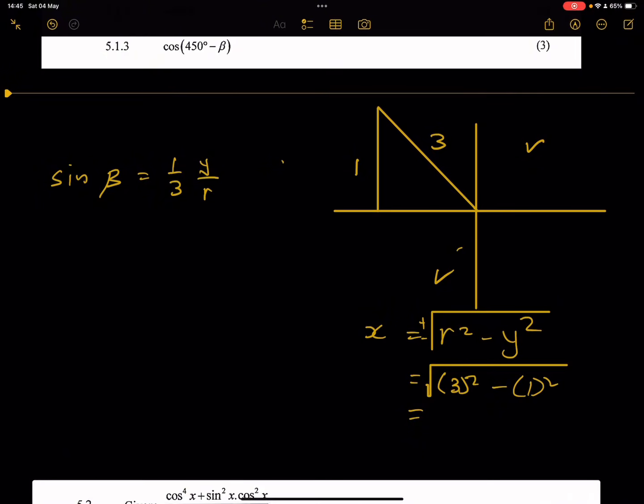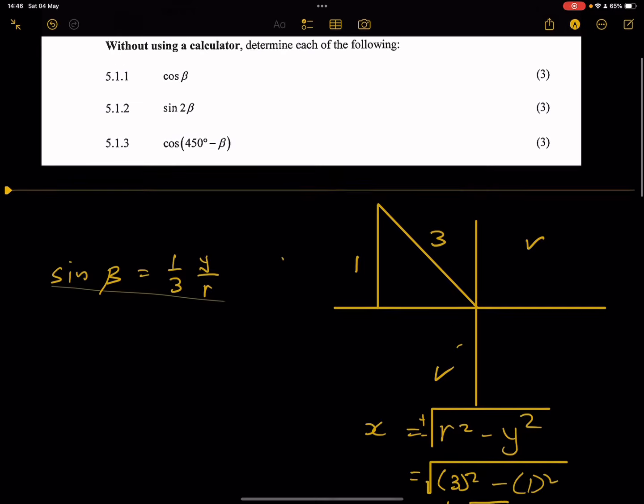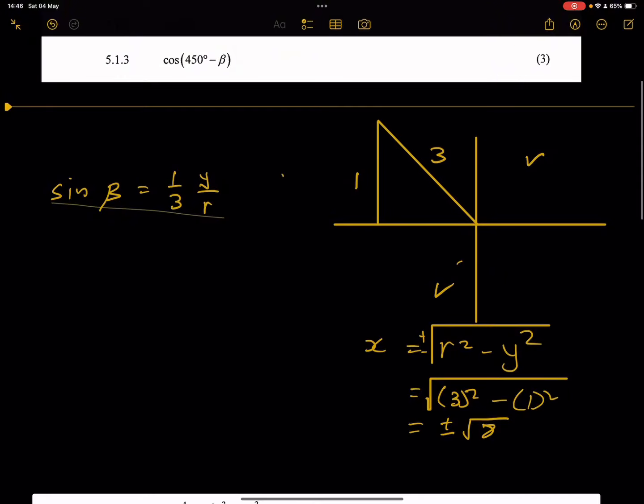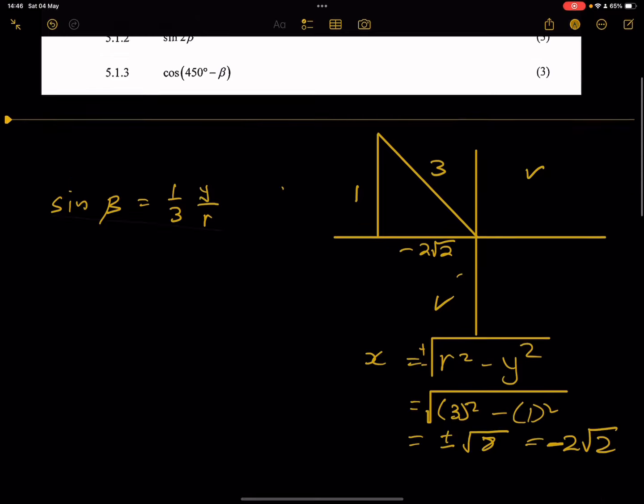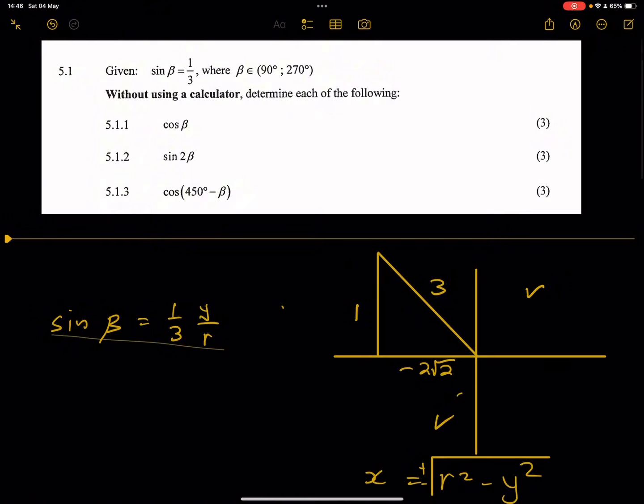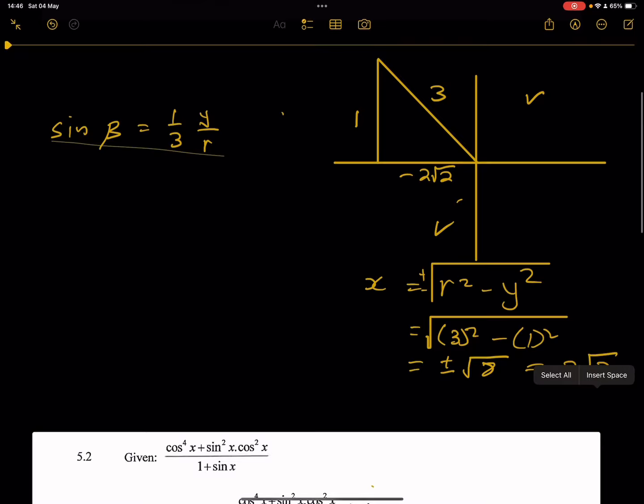So we get plus minus the square root of 8. Now in this case, remember, we have to choose which value we take. Square root of 8, by the way, is going to be 2 root 2, right? If you put it in your calculator. So in this case, we're going to take the negative value because we're in the second quadrant and we know that x is negative over there. So that's minus 2 root 2.